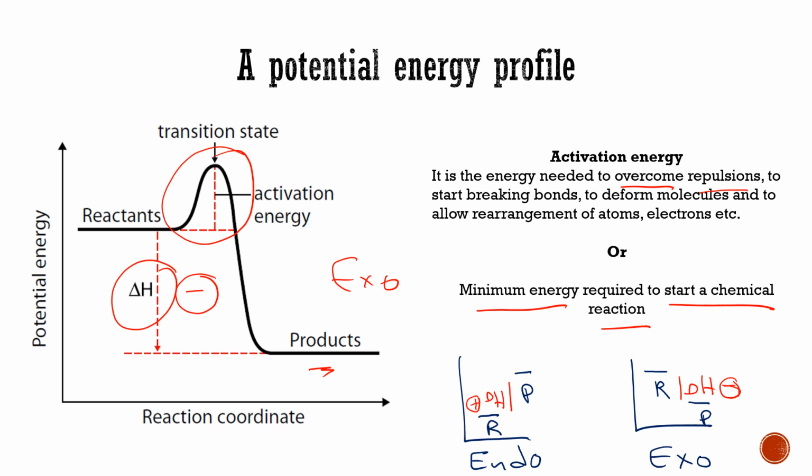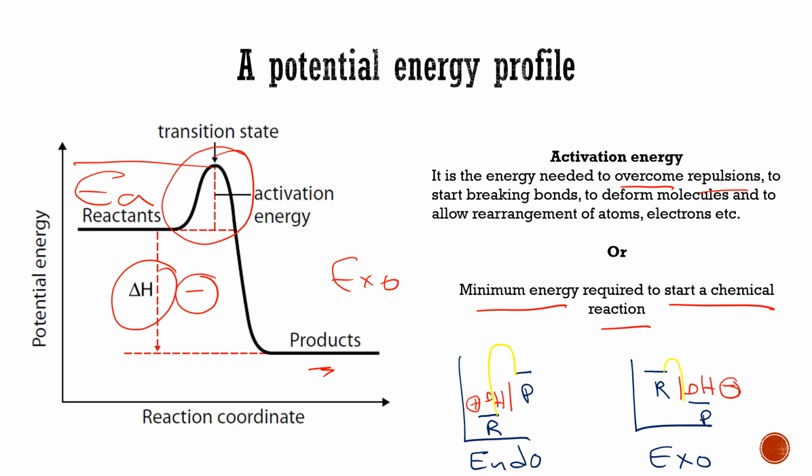How should I calculate it from the potential energy profile? It should start from the reactant till the highest point in my graph. This will represent the activation energy. We have to be clear and always focus on this point, because for the endothermic reaction, it is a bit higher than the exothermic reaction.